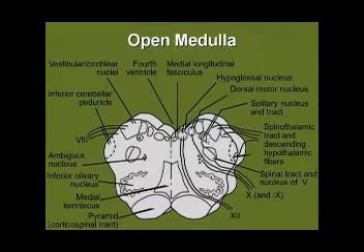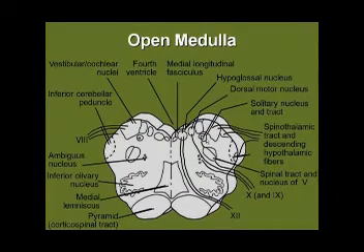The solitary nucleus is also responding to input from the carotid sinus and the carotid body, and enabling us to self-regulate changes in response to blood pressure and the chemical content of blood. So that's a visceral sensory nucleus that obviously has a lot of visceral sensations associated with it.